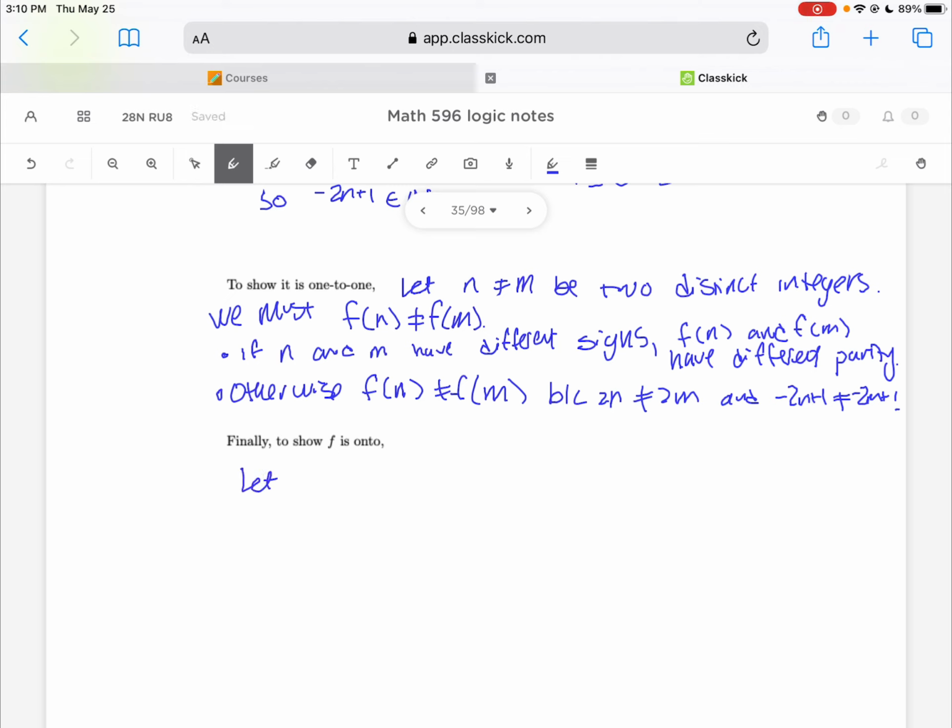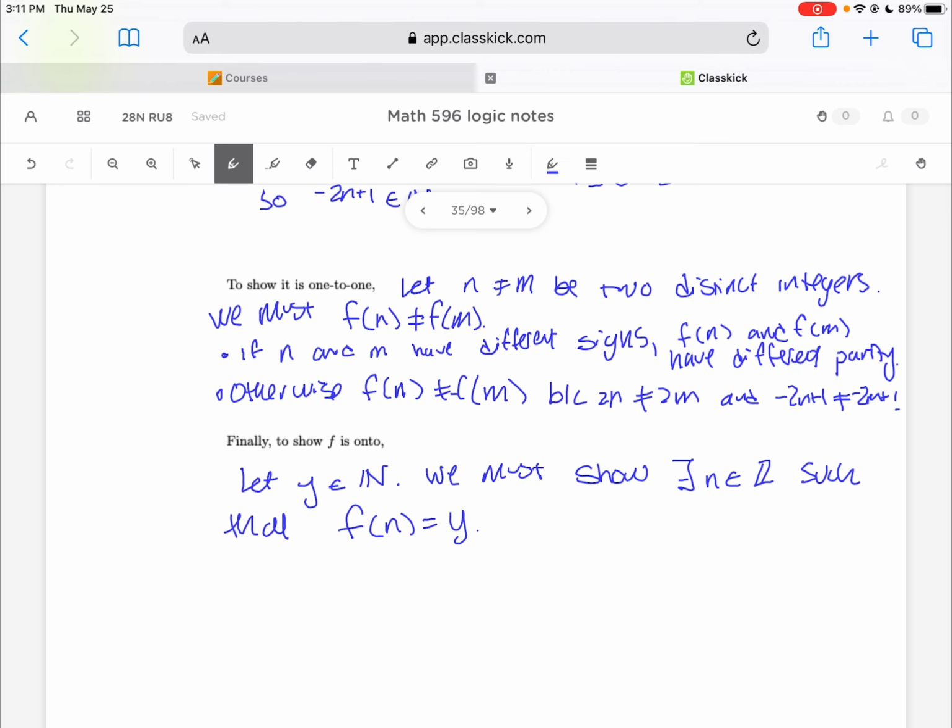So let y be any number in the codomain, let y be any natural number. We must show that there is an integer n, so there exists an n in this set of integers, such that f of n is equal to y. Show that there's something that's going to map onto y.